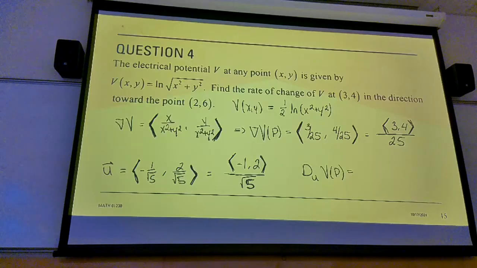What do we get? Maybe that would be 1 over 25 root 5, right? And then times one over 5 root 5.